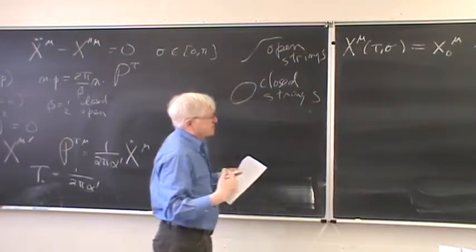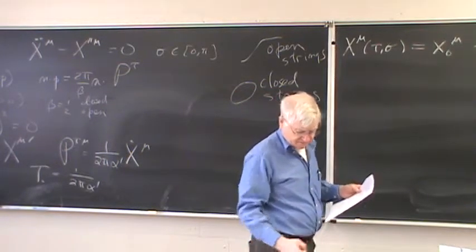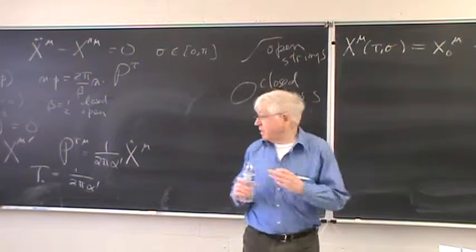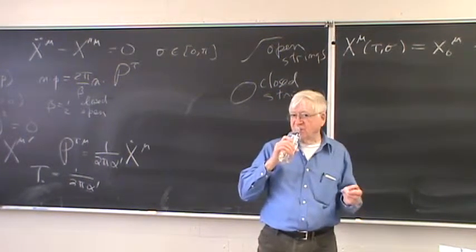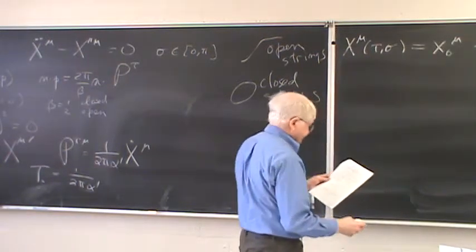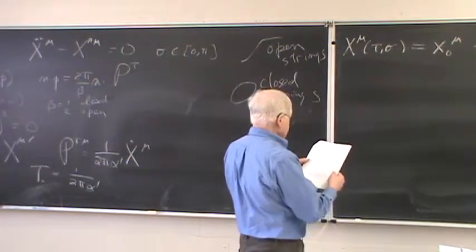And sigma and tau are both dimensionless now after we've imposed these gauge conditions and so forth. Okay, so that's open strings.